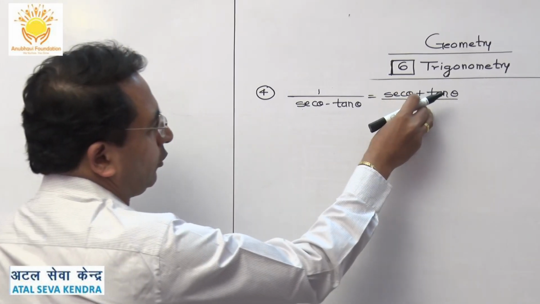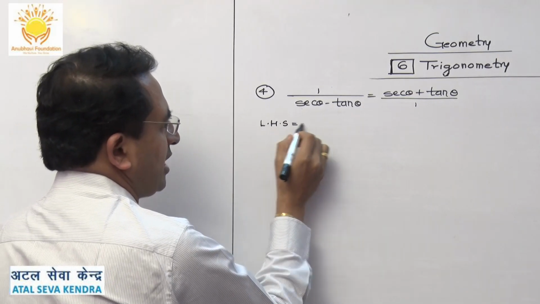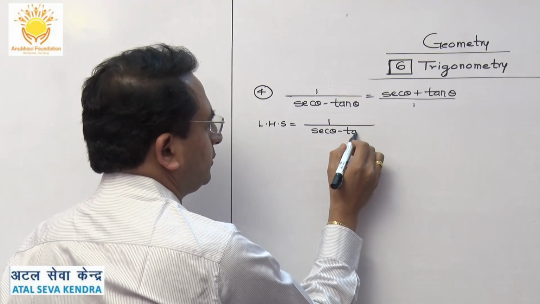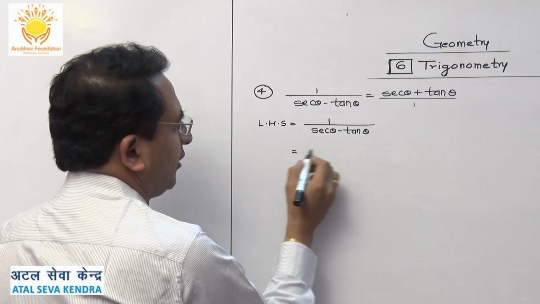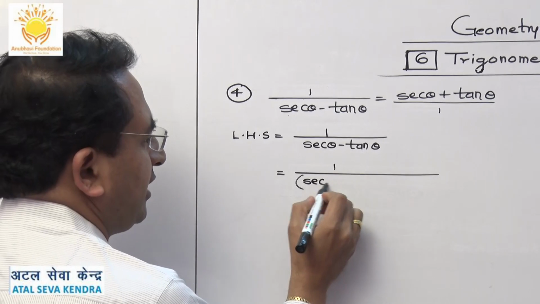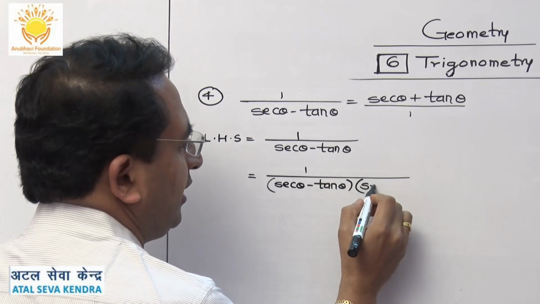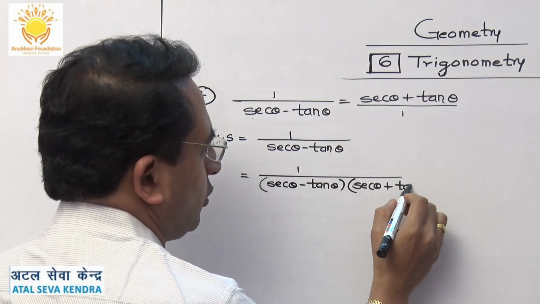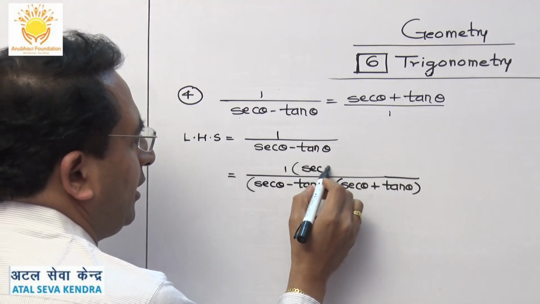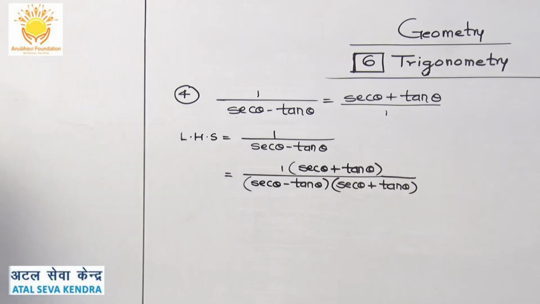If you want 1 in the denominator, we write LHS as it is, that is 1 upon sec theta minus tan of theta, and further multiply by sec theta plus tan of theta upon sec theta plus tan of theta. This is what I told you, that you have to rationalize or multiply the denominator by its conjugate.